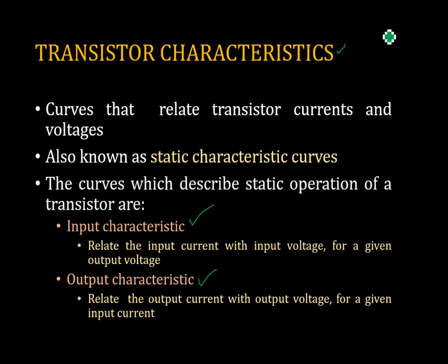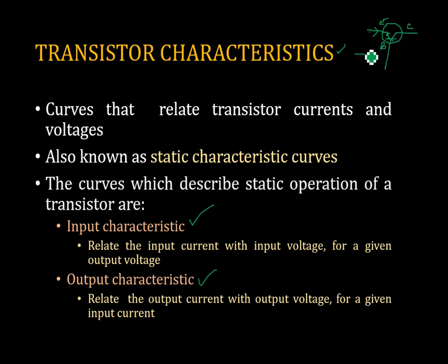As far as the transistor is concerned, the input current and input voltage will be the current and voltage with respect to the input side and the common terminal. Suppose this is an NPN transistor, and this is the emitter, and this is the base, and this is the collector.